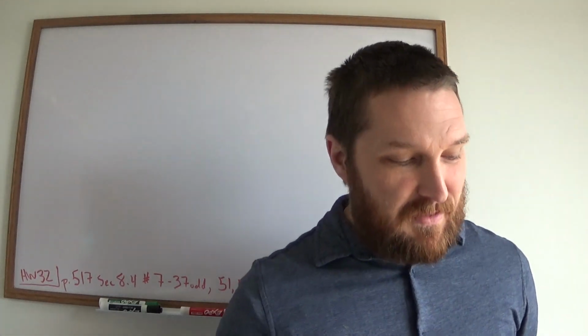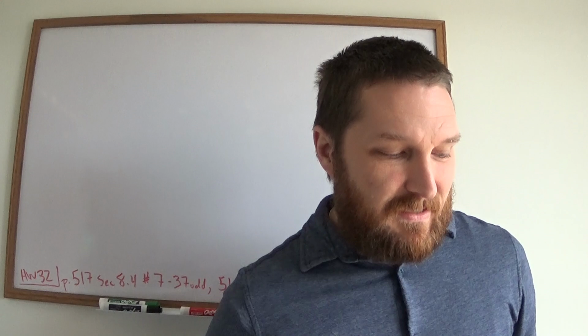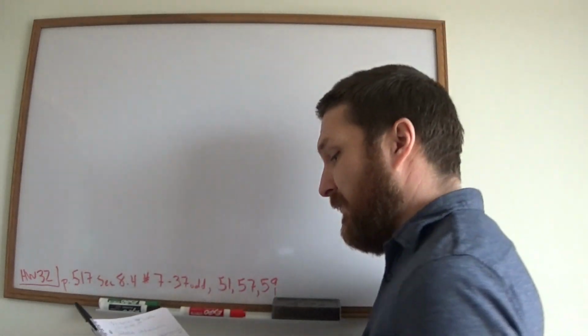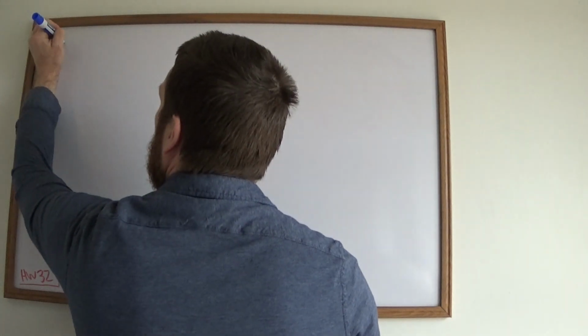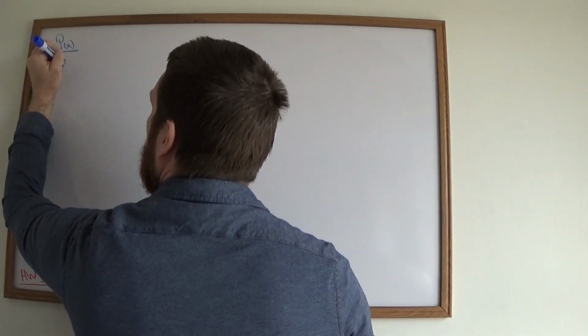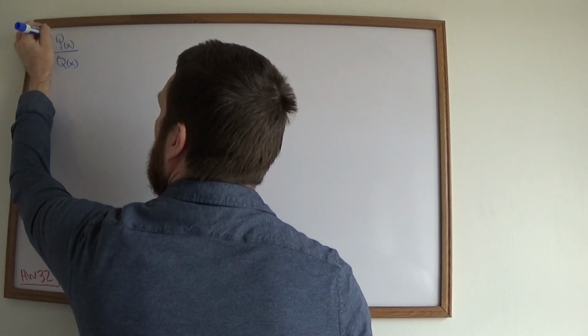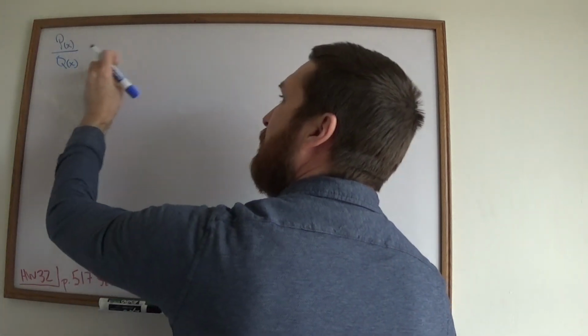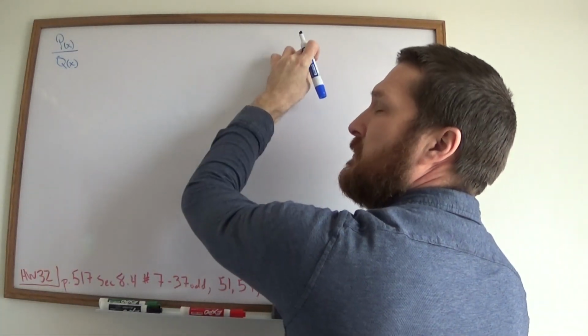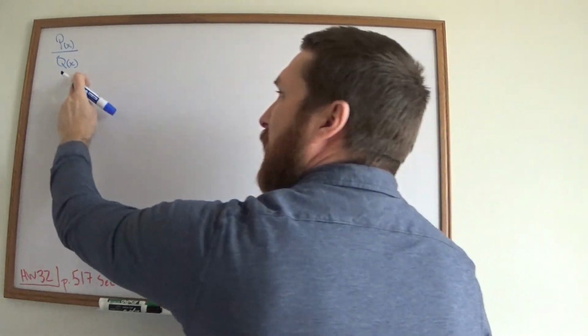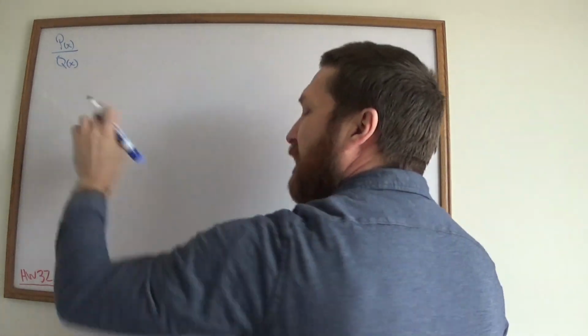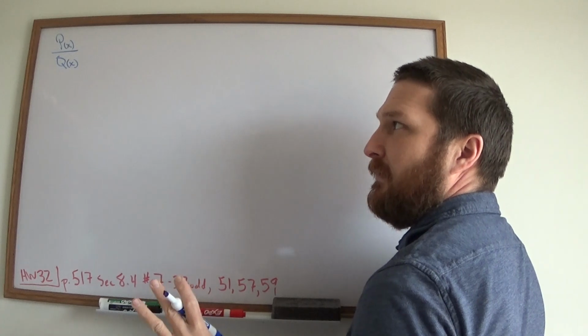Basically, what we have are 4 cases for when you have some p of x over q of x, and you want to decompose it into partial fractions. And depending on what q does, we have 4 cases that we're going to talk about.